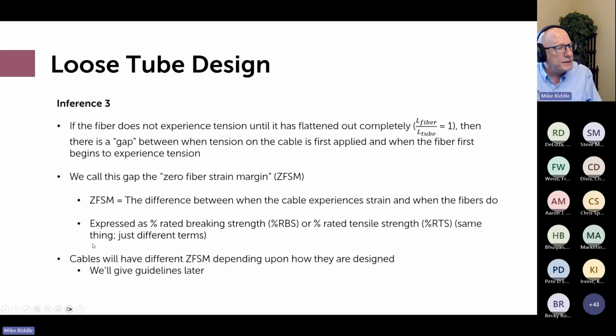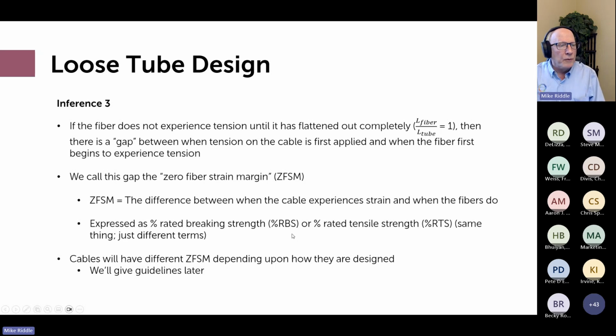It's typically expressed as a percent of the rated breaking strength of the cable. You'll also hear the term rated tensile strength. They essentially mean the same thing, just different terms. So percent RBS or percent rated tensile strength. Now, UTS is actually a little bit different.